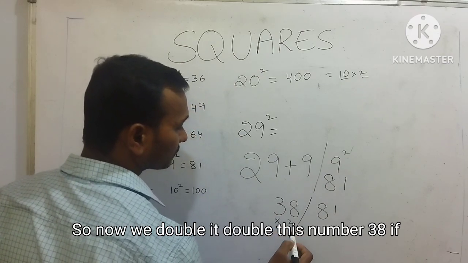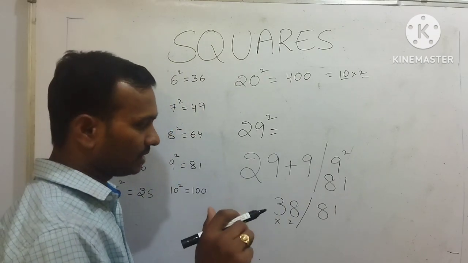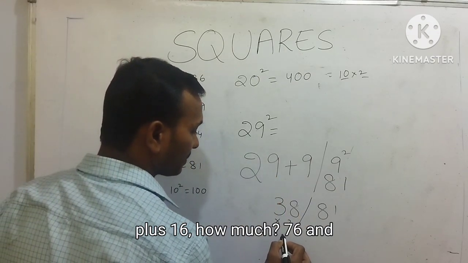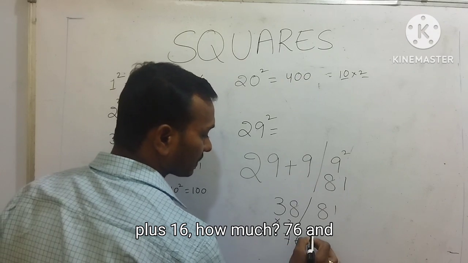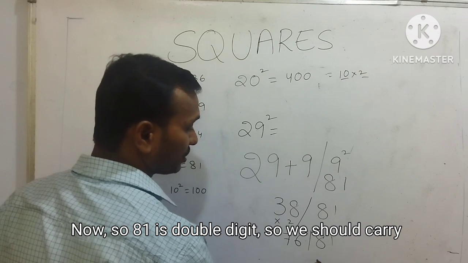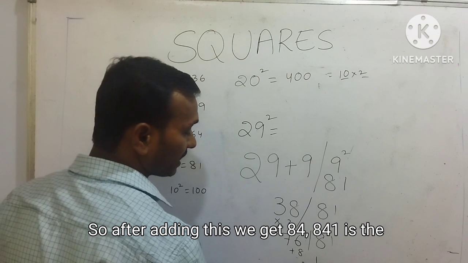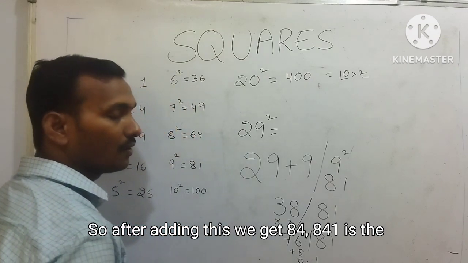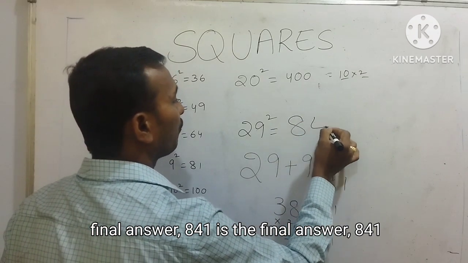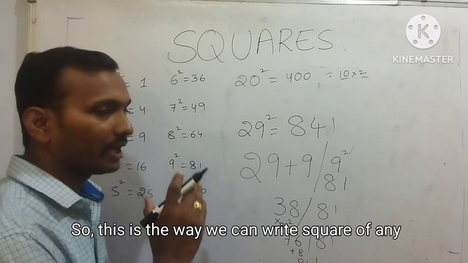Now we double this number. 38 doubled: 30 plus 30 is 60, 8 plus 8 is 16, 60 plus 16 is 76. And 81 is there. Now, 81 is a double digit, so we should carry forward 8 to its first part. After adding this, we get 84. 841 is the final answer. This is the way we can write the square of any number.